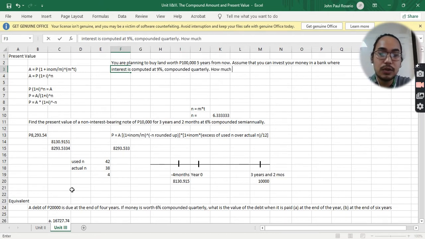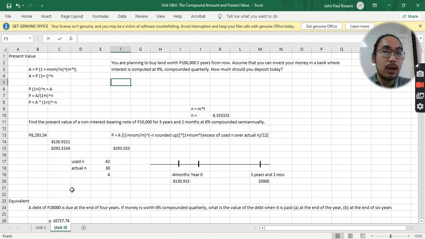How much should you deposit today? Okay, so this is the question. So you are planning to buy land worth 100,000 5 years from now. Assume that you can invest your money in a bank where interest is compounded at 9% compounded quarterly. How much should you deposit today?